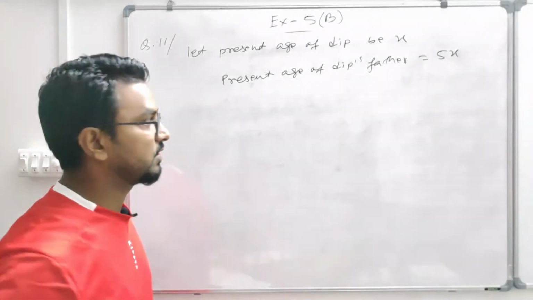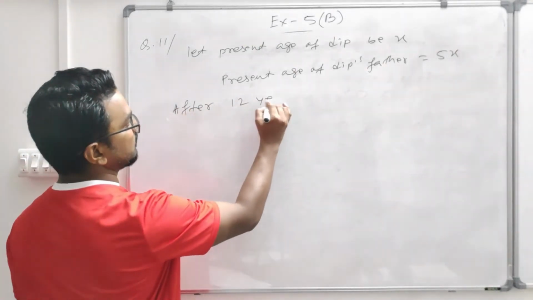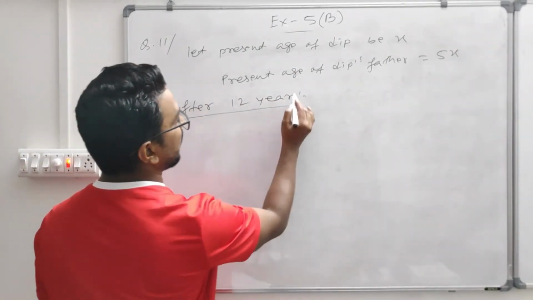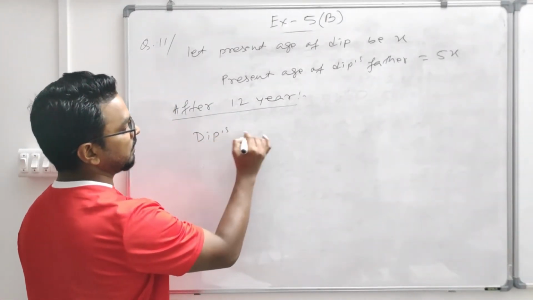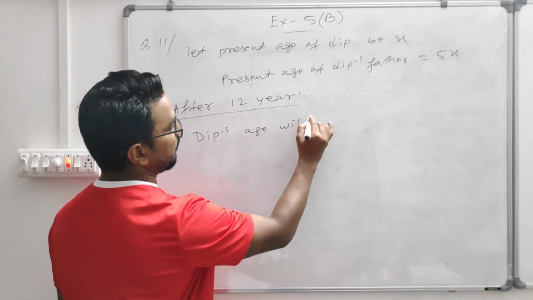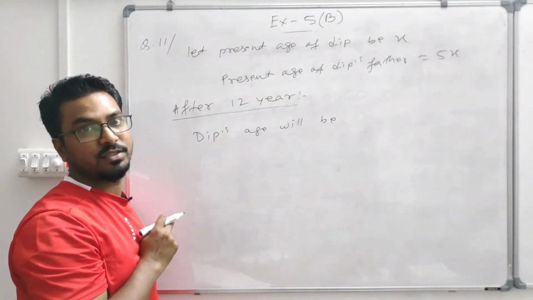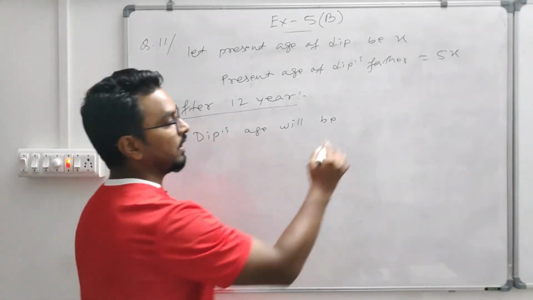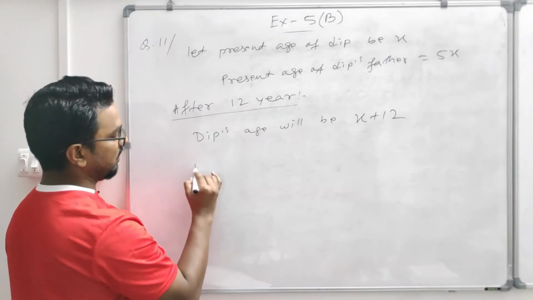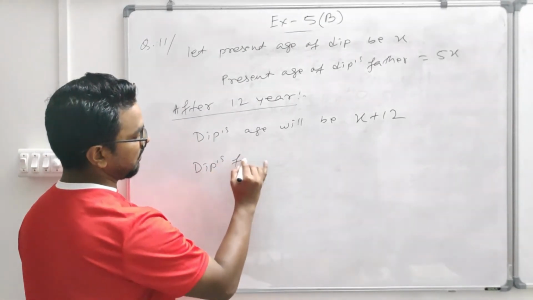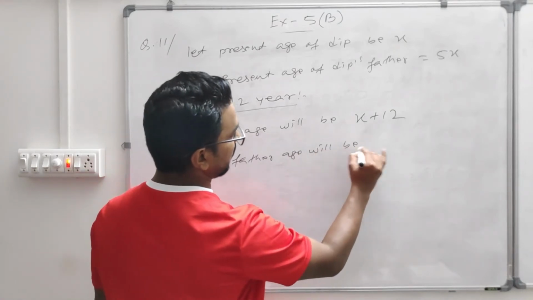So after 12 years, what will be the age of Deep? Present age was x, so after 12 years it will be x plus 12. And what will be the father's age?